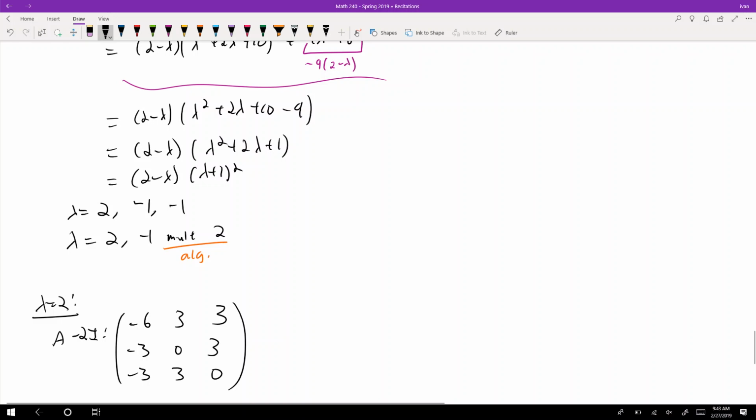It's 1, right? Because it only shows up once. So if the algebraic multiplicity is 1, what does the geometric multiplicity have to be? 1. It has to be 1, right? Which means that the nullity is 1. So the nullity of this matrix is 1. All right? Which means the kernel is the span of something.